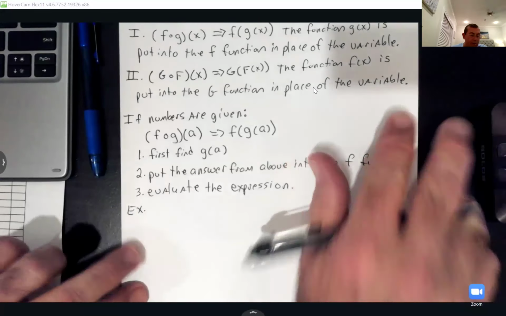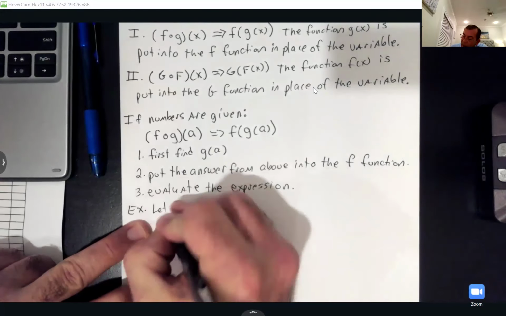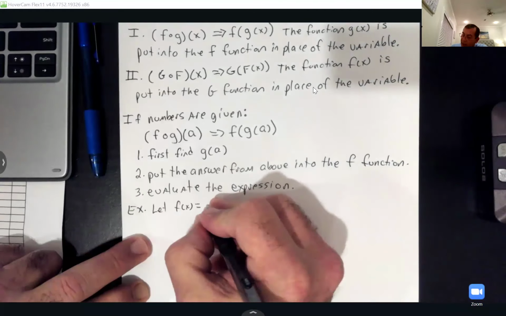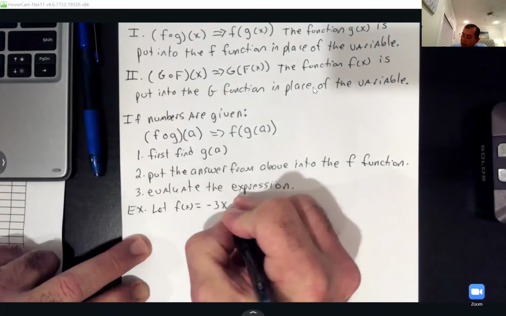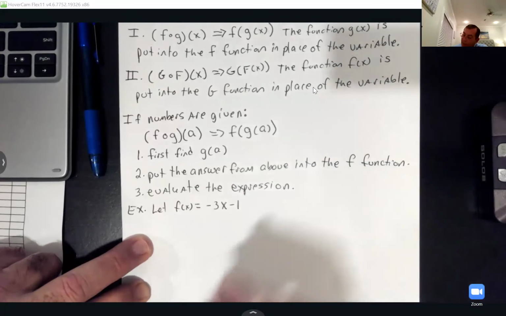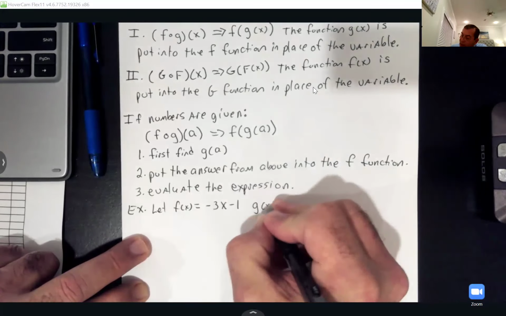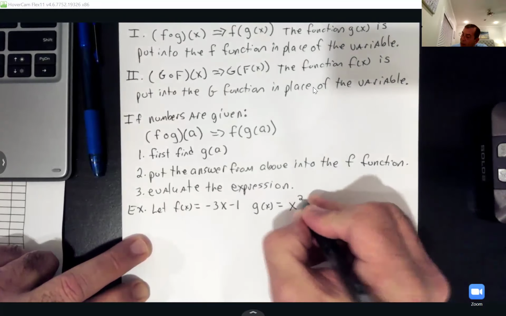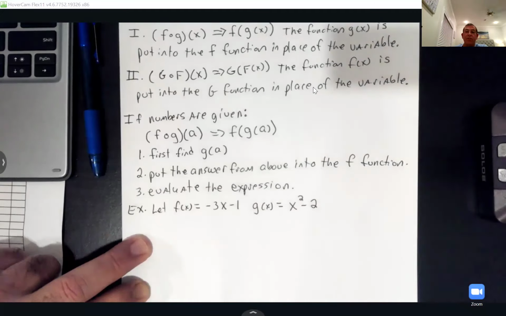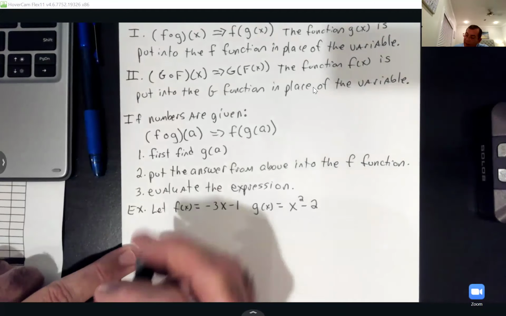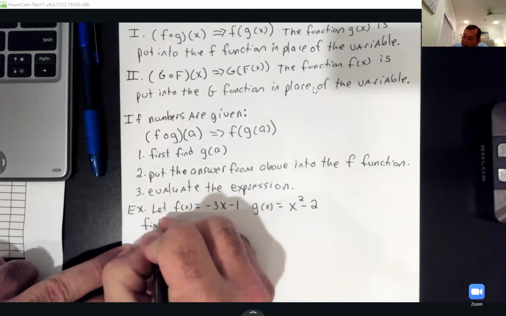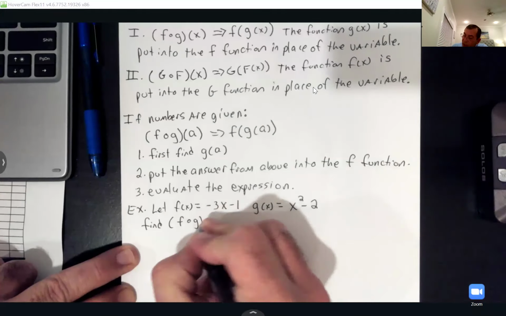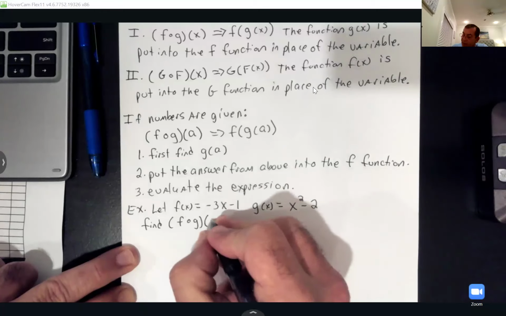So let's start out. Let's let f of x equal negative 3x minus 1. Our g of x is going to equal x squared minus 2. They want us to find f compose g of 7.